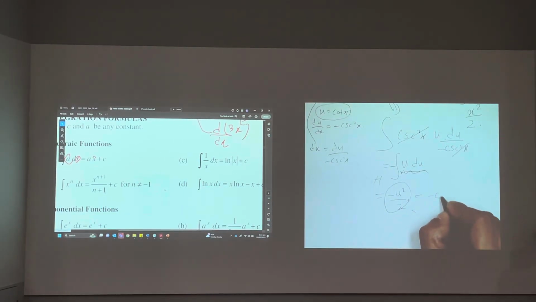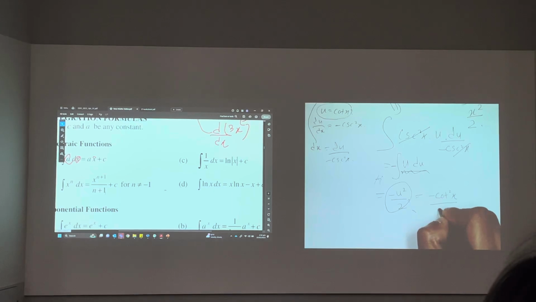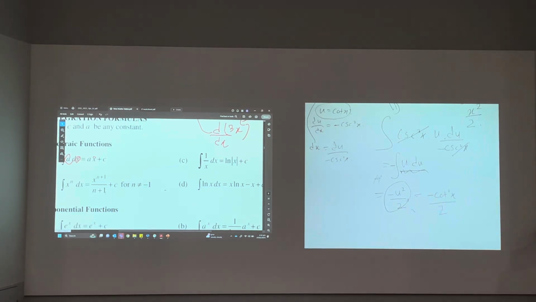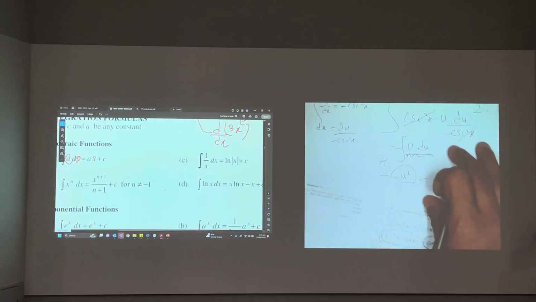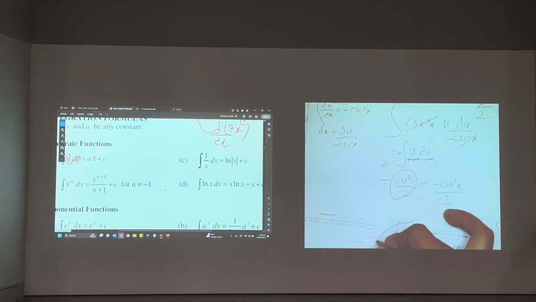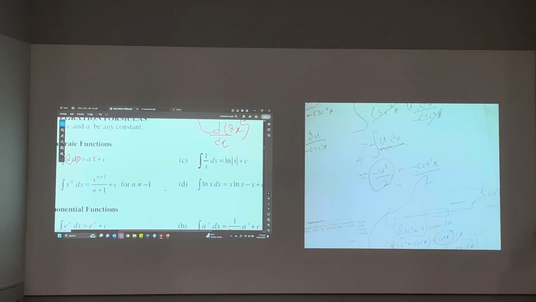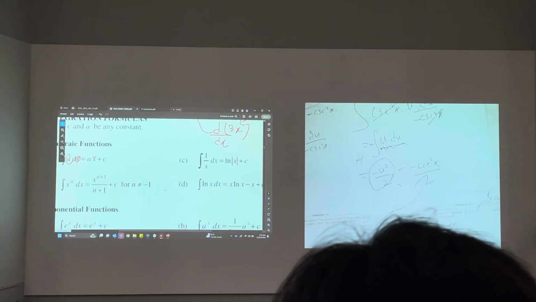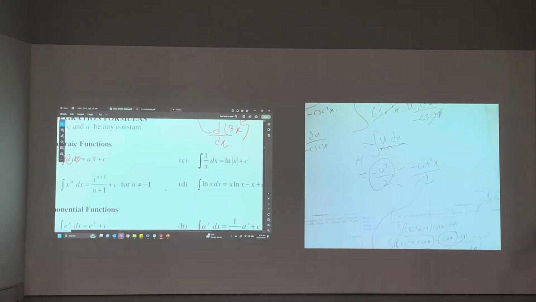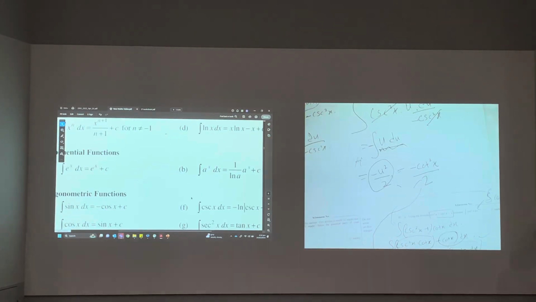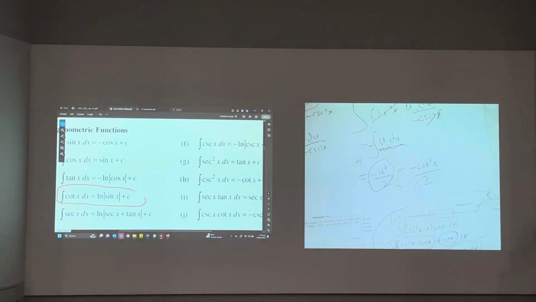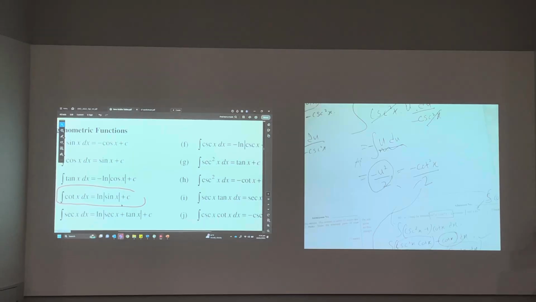So it becomes minus cot square x divided by 2. Then we plug this back to here. So now when you integrate this one, you get minus cot square x divided by 2 minus, when you integrate cot x, you get ln sin x.